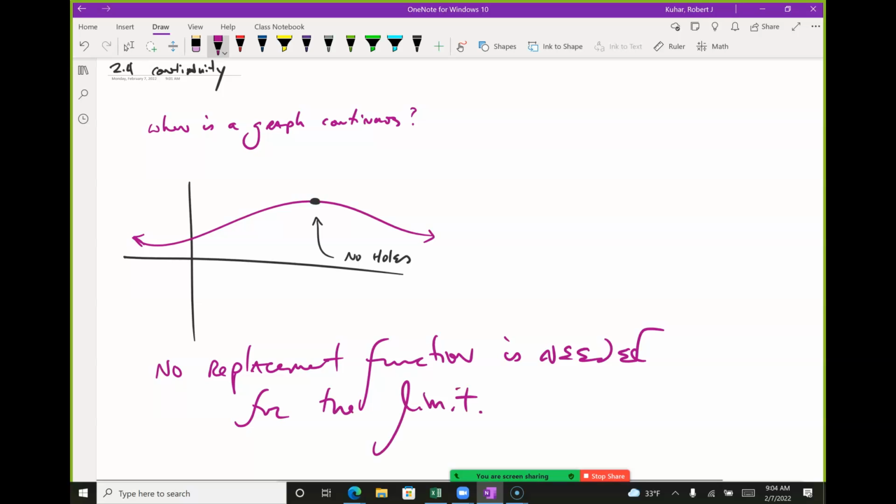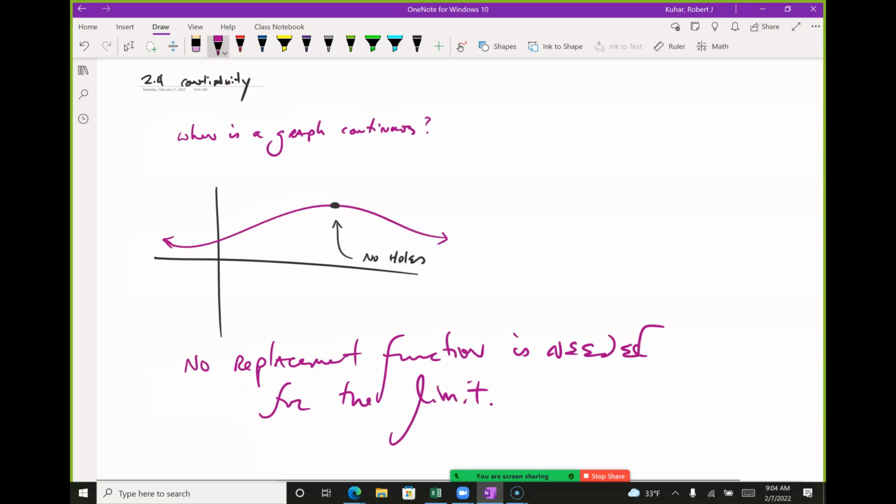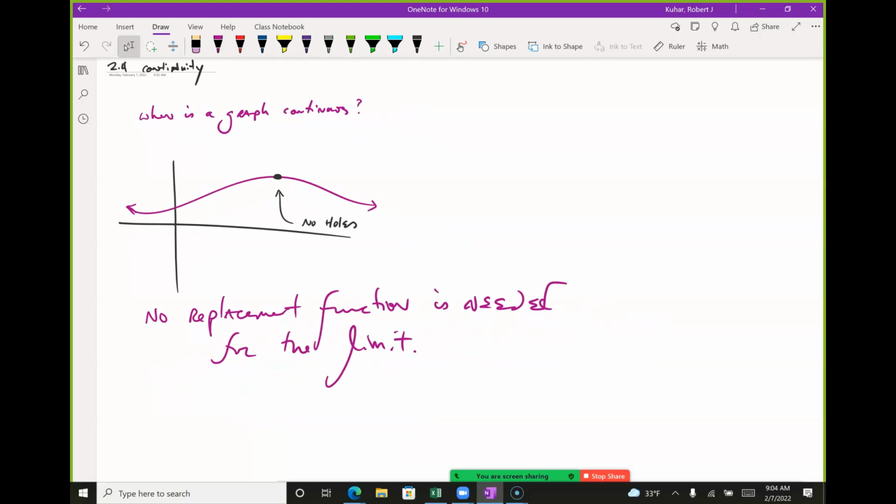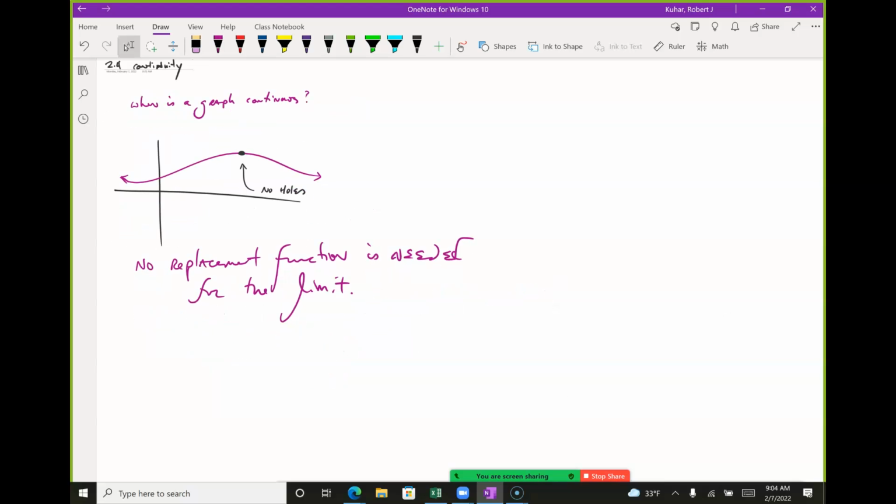It'll serve as its own replacement function, meaning I can do what with the x value right away? Even simpler than that. Plug it in, exactly. Since this thing doesn't need a replacement function, I should be able to find the limit by plugging it in, and that's the key to our definition, right?